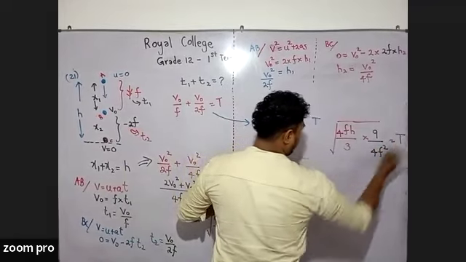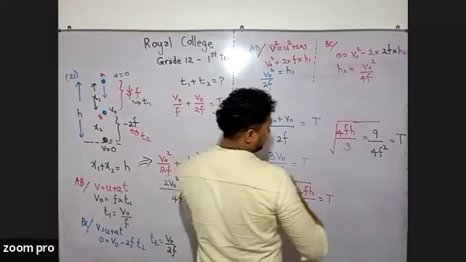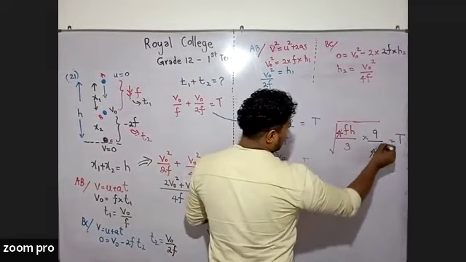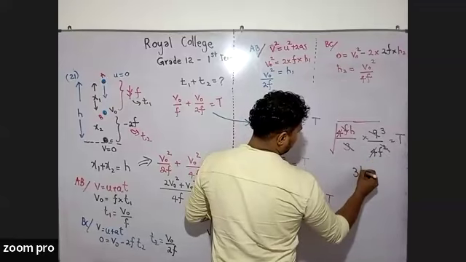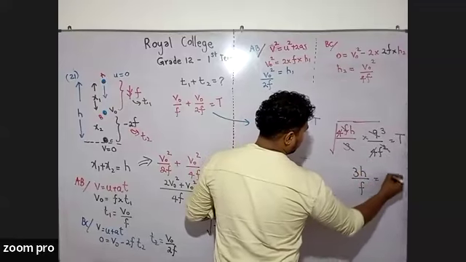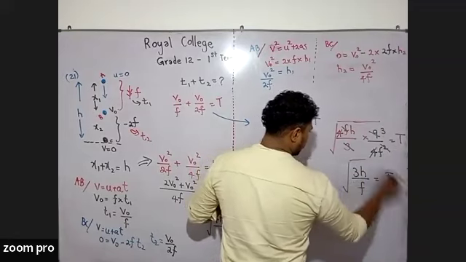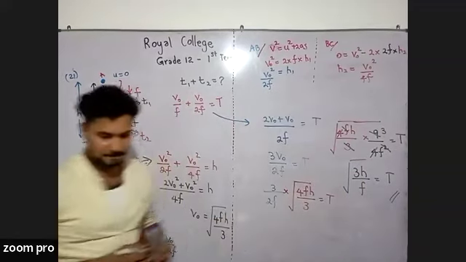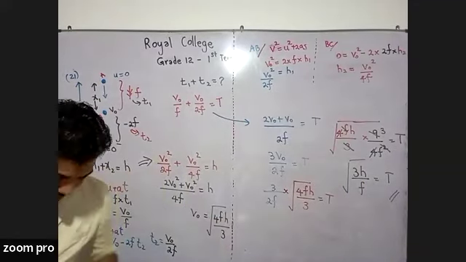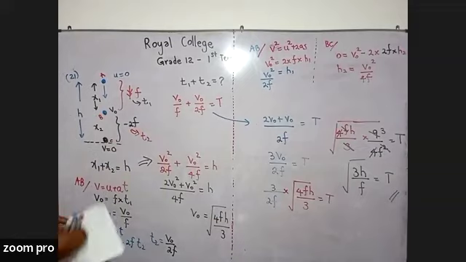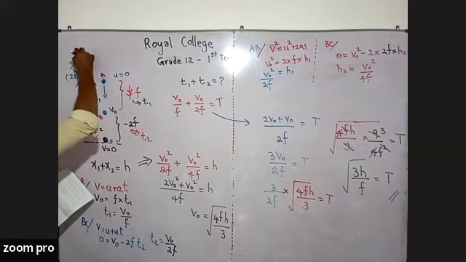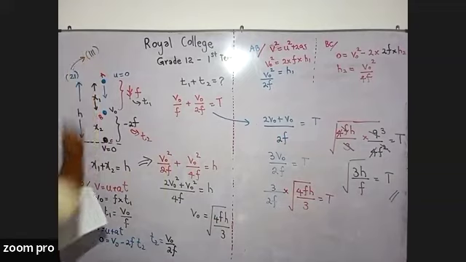Right. So if I simplify further, then root of 3h over F should be equal to t. Right. So the answer should be root of 3h over F. That means the third one is the answer.